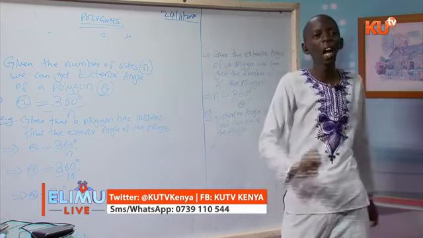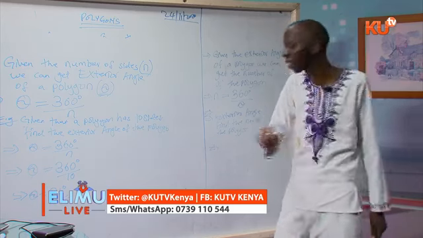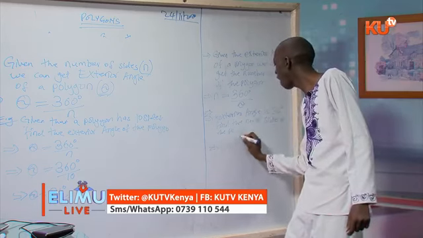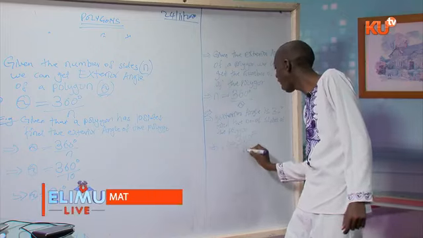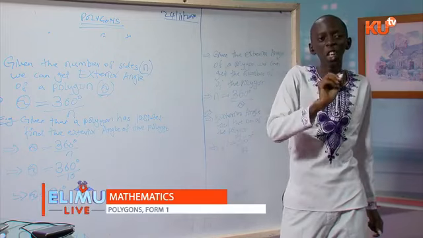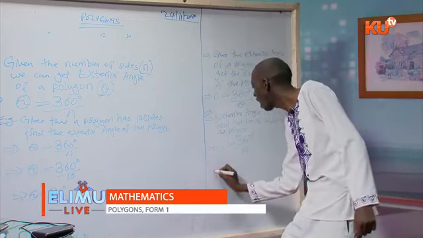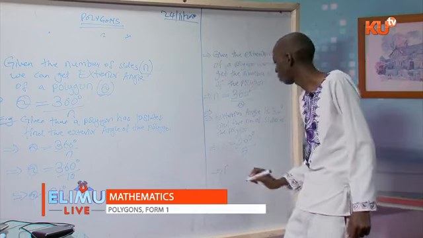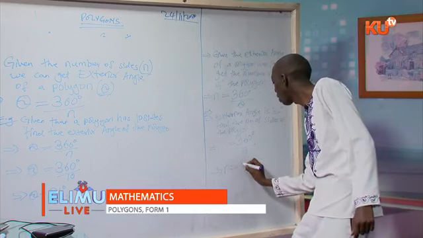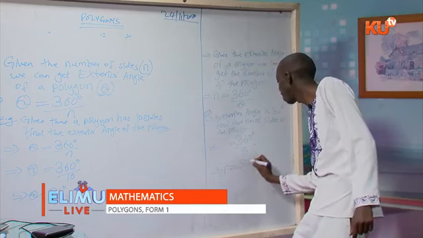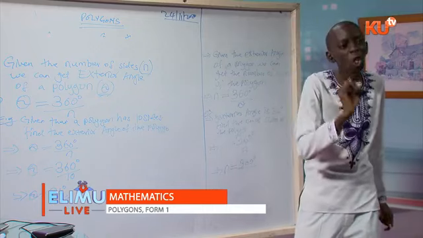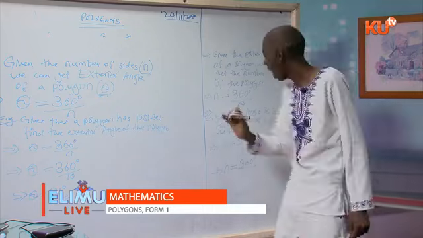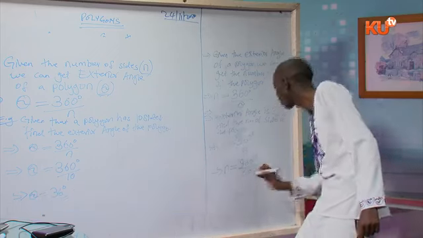Using our formula, n, which is the number of sides, is equal to 360 degrees divided by theta, which is our exterior angle. Then n is equal to 360 degrees divided by the exterior angle, which we are given as 36.